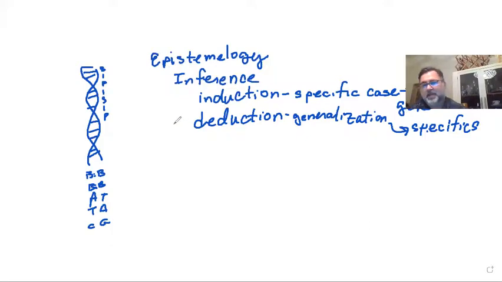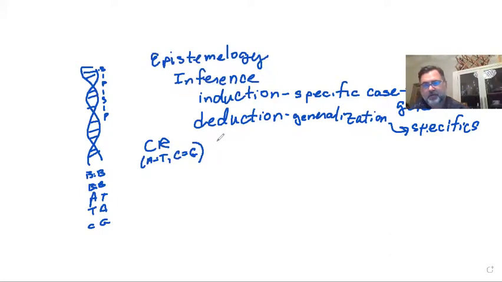So how did they get there, since they didn't actually see this, right? Not directly, okay? So one is Chargaff's rule, I'll just call it CR. That is, for every A, there's a T, for every C, there's a G, and so on. Okay, so they knew that, Chargaff's rule.